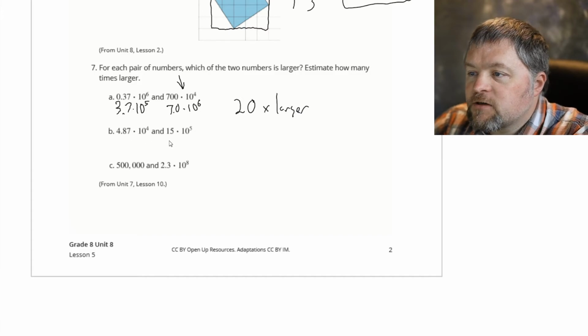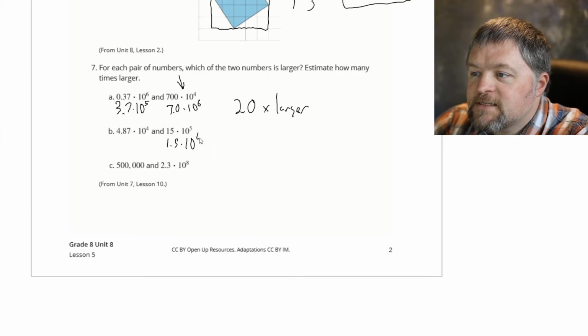Now our next one here, this one is already in scientific notation. This one is not. So that would be 1.5 times 10 to the power of 6.